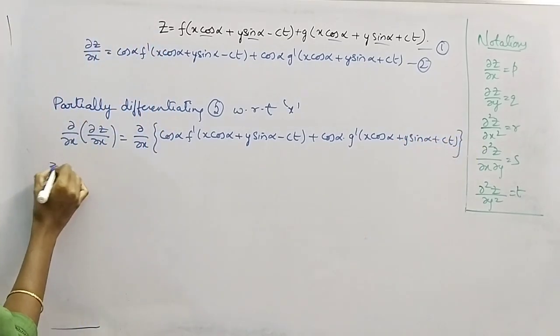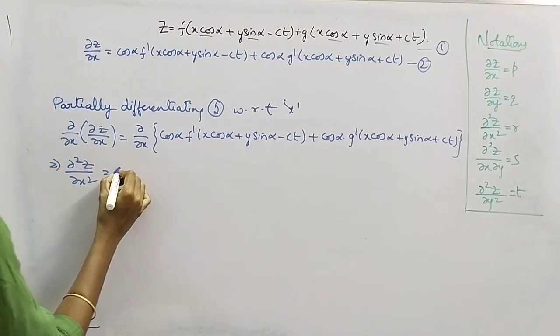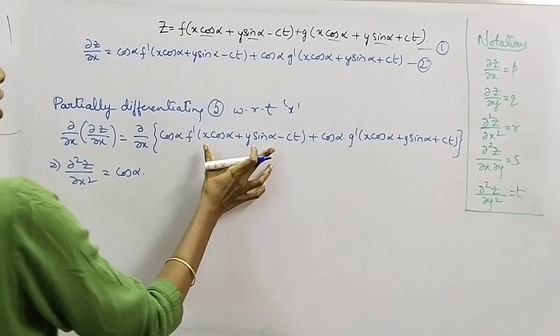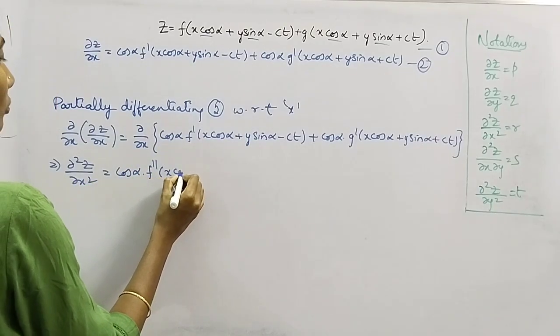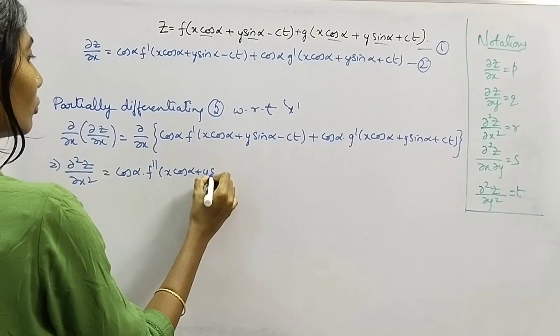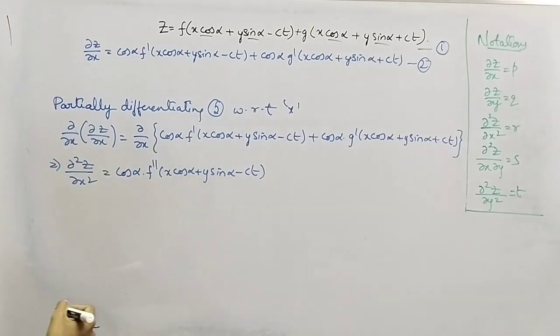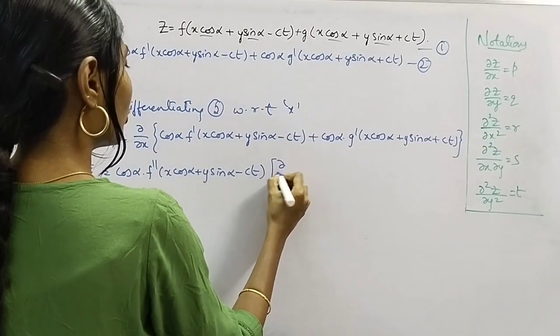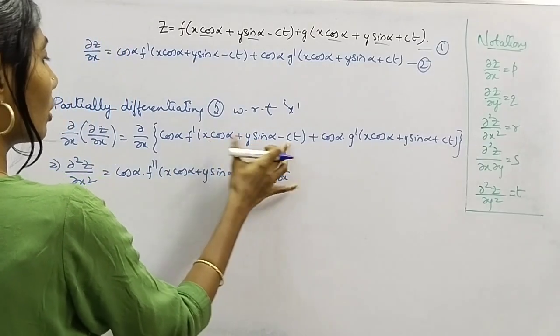Okay, this gives us dou square z by dou x square equal to cos alpha, a constant, into the partial derivative of f dash with respect to x, which is f double dash, into the inner derivative. Okay, that is dou by dou x of this term, this one, this 3.